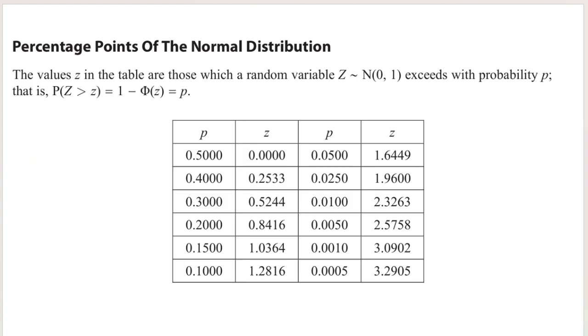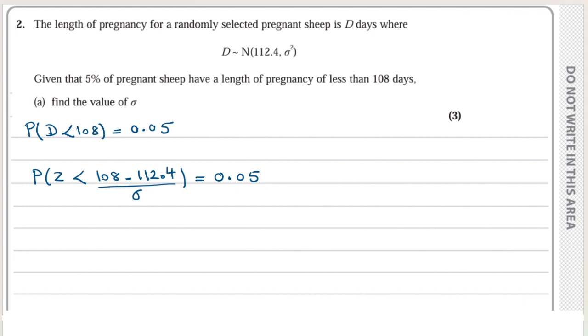we go to the percentage points of the normal distribution table, and we see that probability 0.05 is here, and the Z value for that is 1.6449. But we notice that because 108 is less than the mean, which is 112.4, the Z value will be negative.